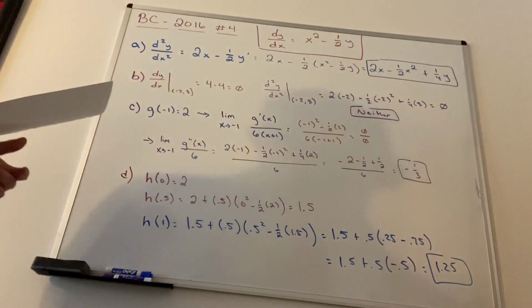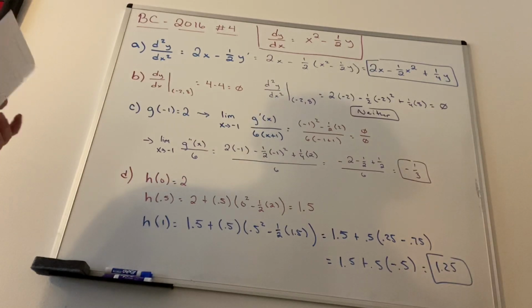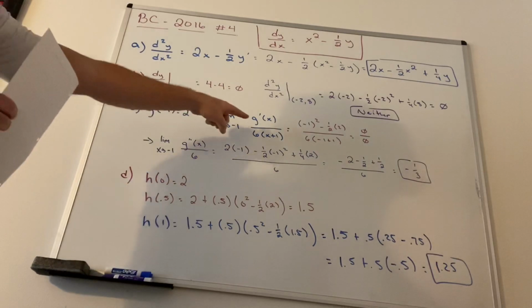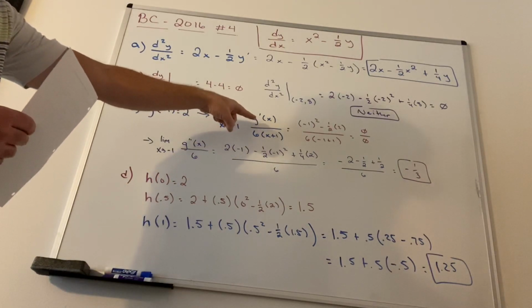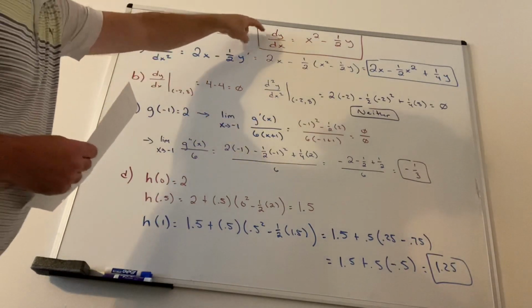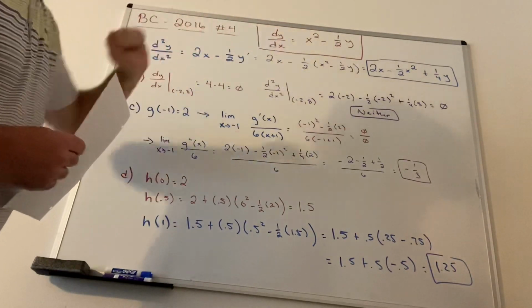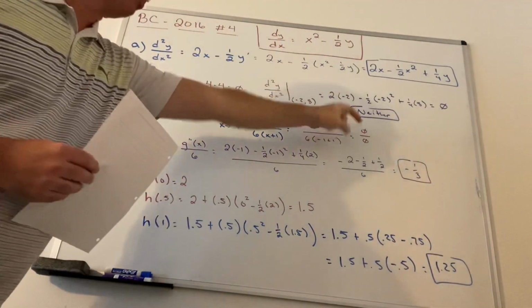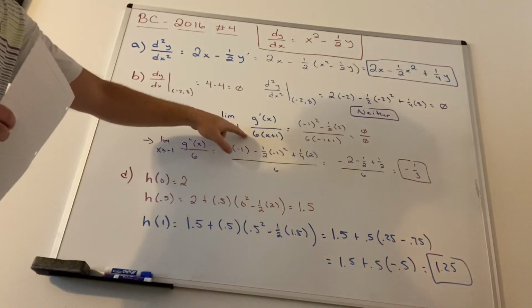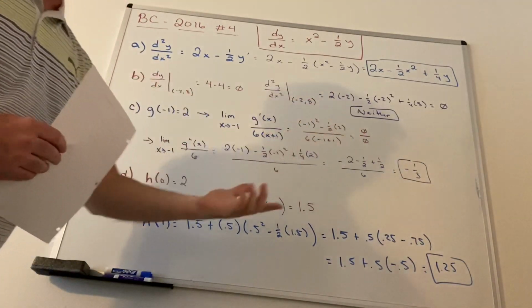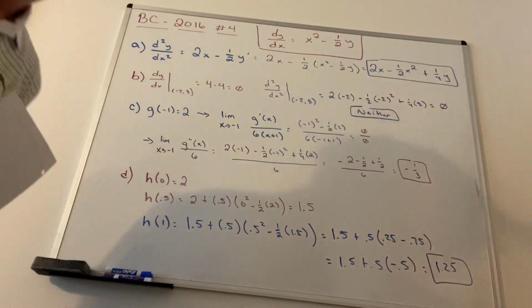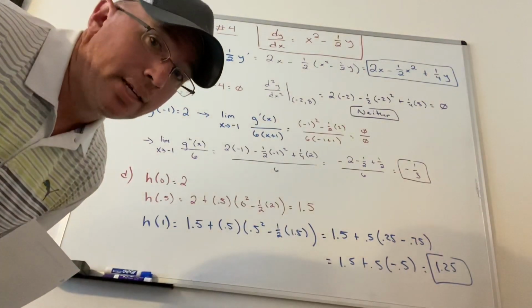Again, I'm plugging in the coordinate (-1, 2). So g prime of -1: that is g prime, so I'm plugging -1 and 2 into here, and I get 0 out. And I'm plugging -1 into the bottom, and I get 0 out. So again, I have indeterminate, which means you have to use L'Hopital's rule again.